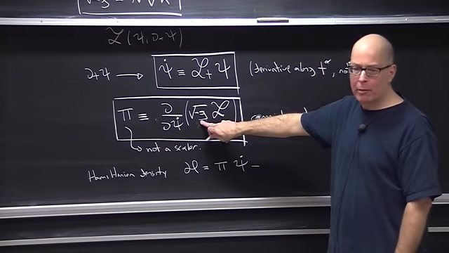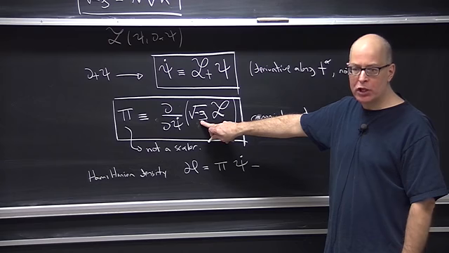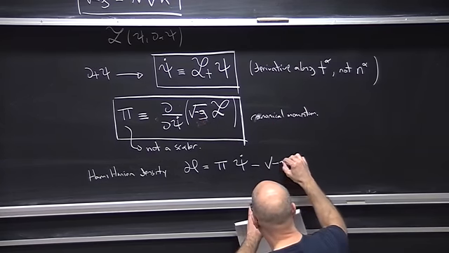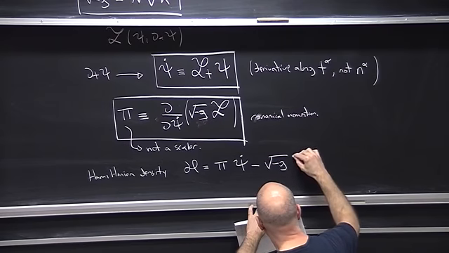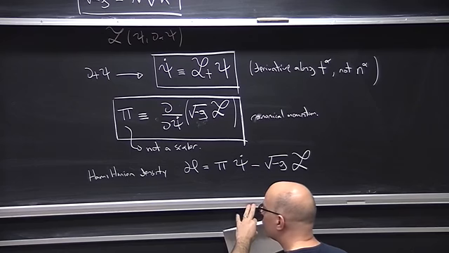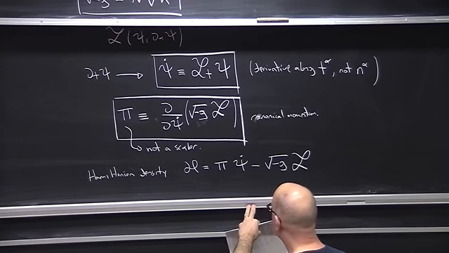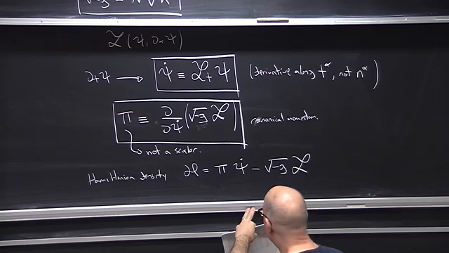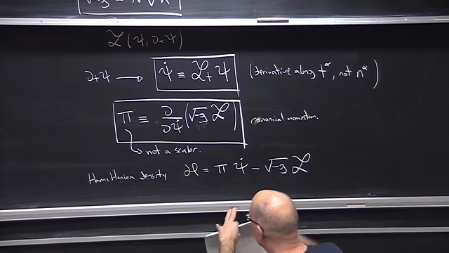But of course, we have to remember to throw in the root g, because we've done it here. We have to keep doing it over here. So the Hamiltonian density, again, is not a scalar quantity like the Lagrangian was. It's what's called a scalar density because of this extra factor of root g.